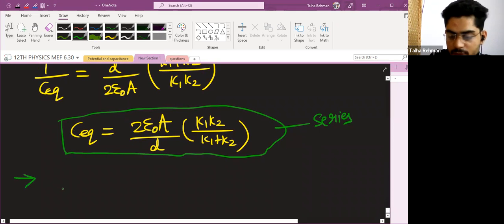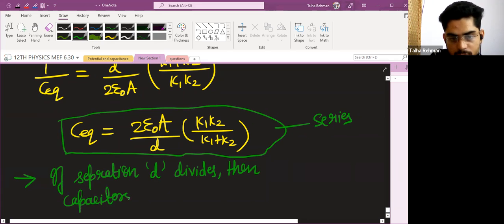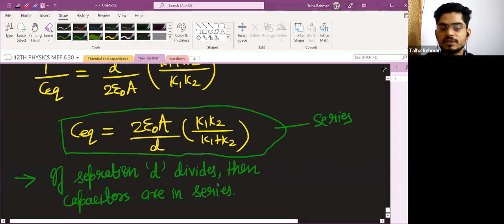Here you can write: if separation D divides, then capacitors are in series. If area divides, parallel; if distance divides, series.